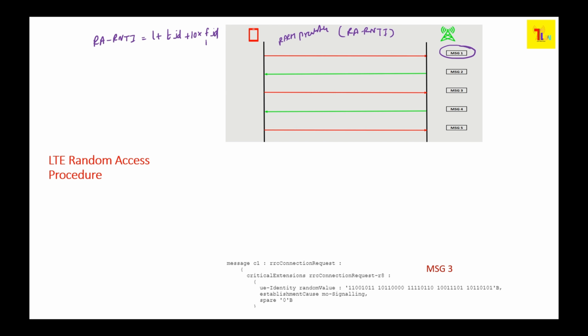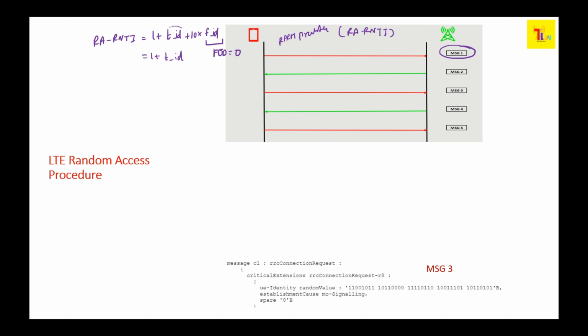Generally FID for FDD is going to be 0. So if it is 0, then 1 plus TID is for the TDD.